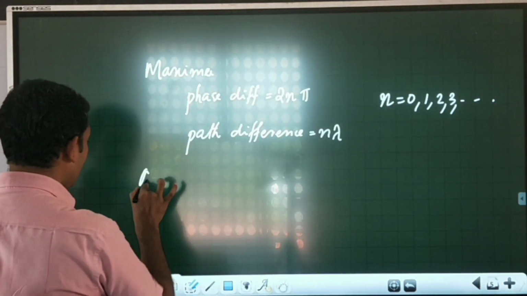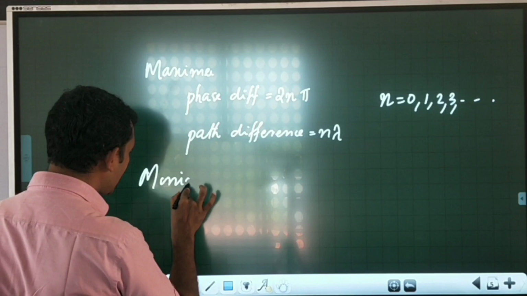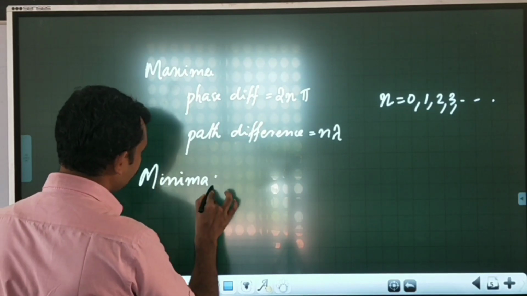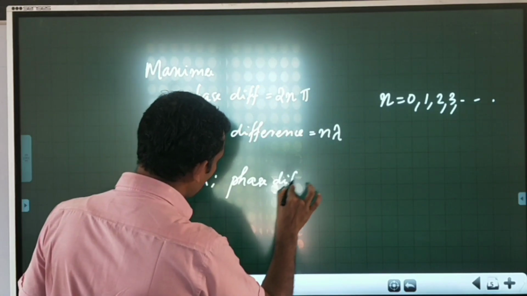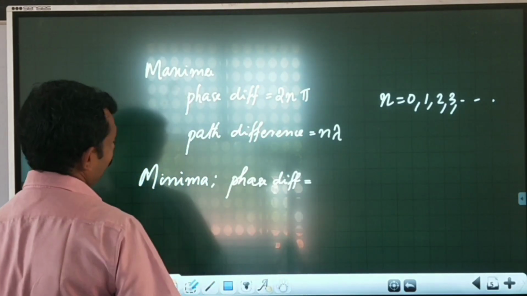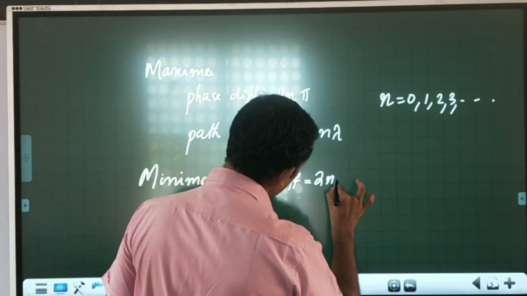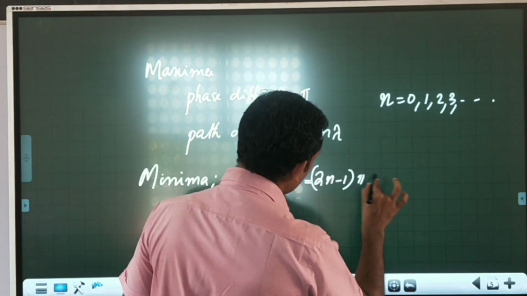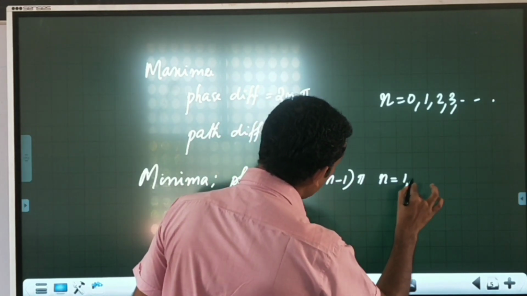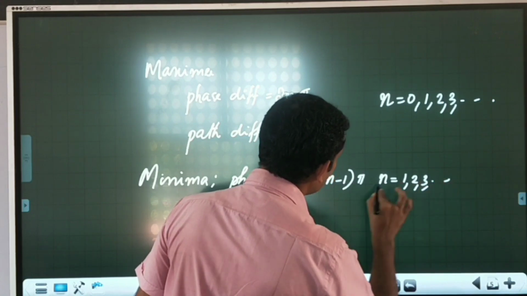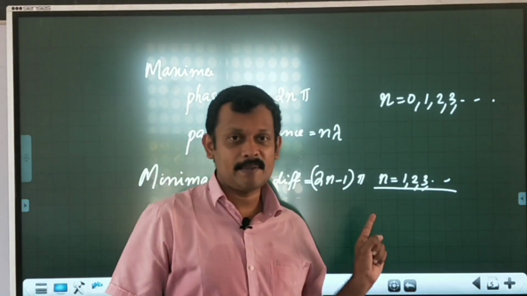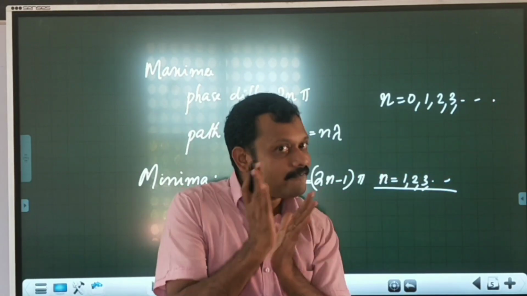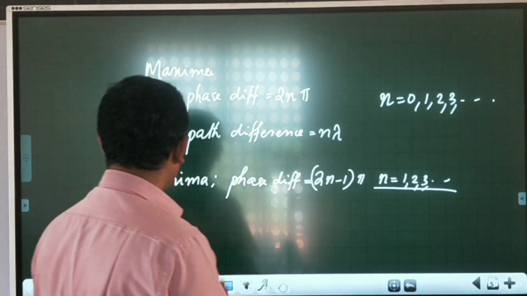In the similar way, the condition for obtaining a minimum is phase difference equal to (2n minus 1) pi, where I take the values 1, 2, 3, etc. The textbook has a slightly different answer, but study this only because the other thing will confuse you; that I will explain along in my class.